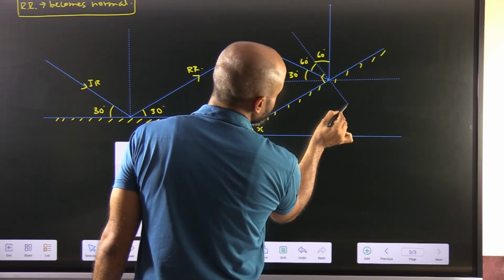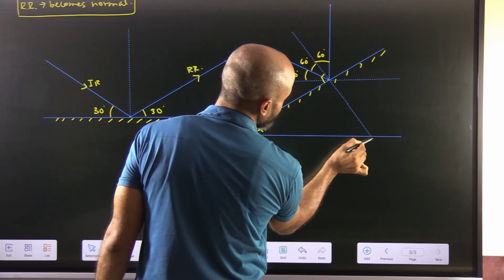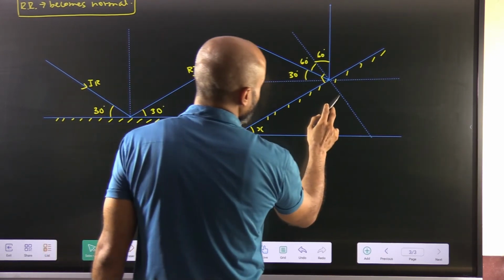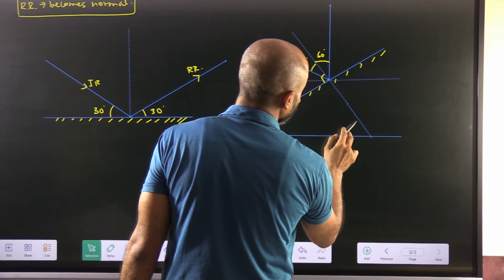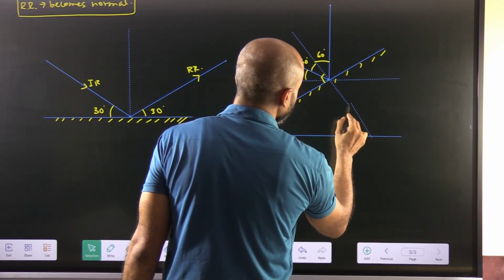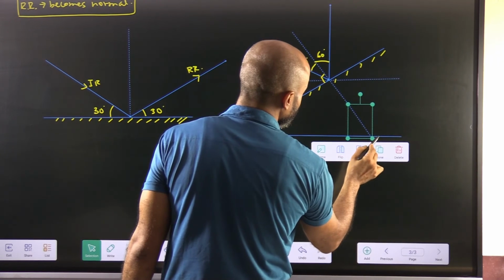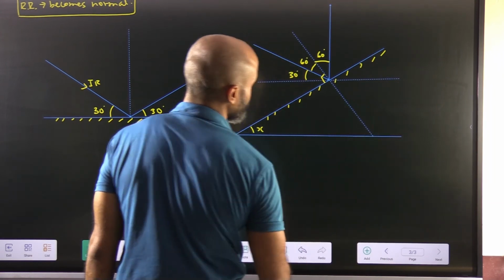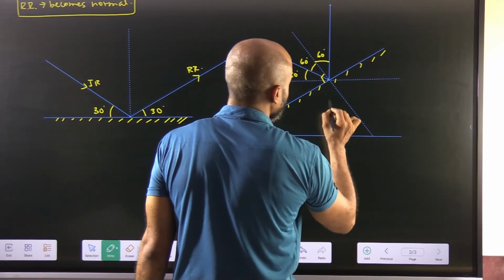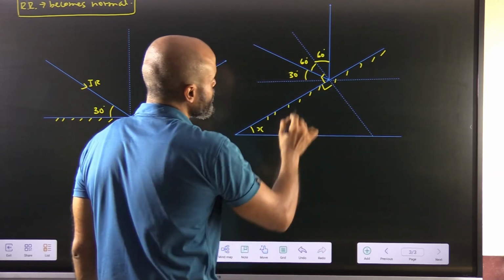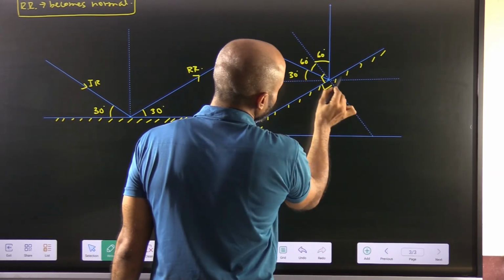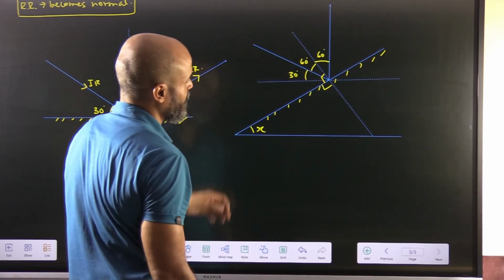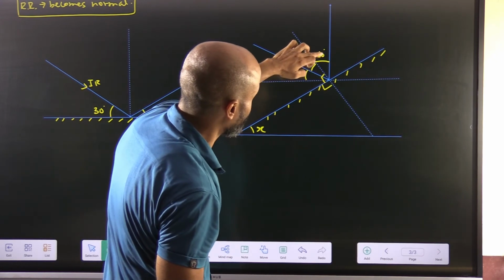If I extend this normal here, what will be this angle? This angle obviously is 90 degrees. So this is 30, this is 60, and this is 60.